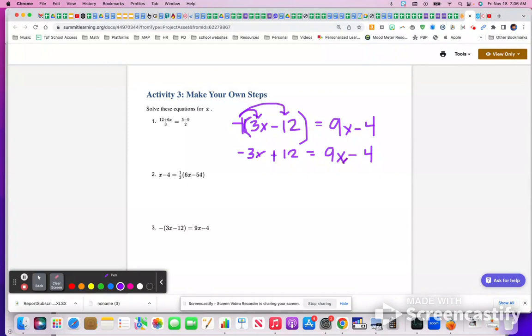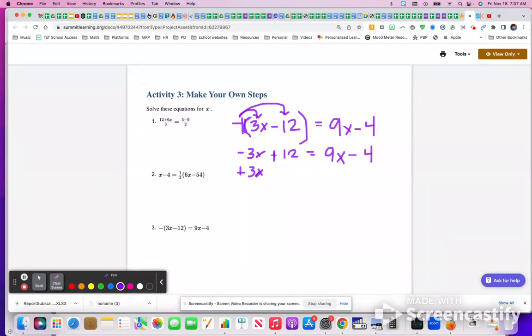And as I look at this, I'm thinking that if I can get rid of that 3x, I would have 12 here, and I would just have to change that 9x. So the way that I'm going to get rid of that 3x is if I have a minus 3x, I'm going to add 3x. I always do the opposite because that gives me 0.